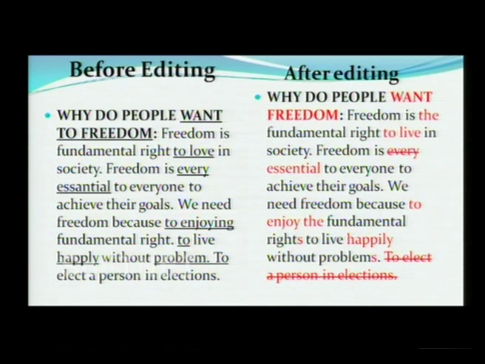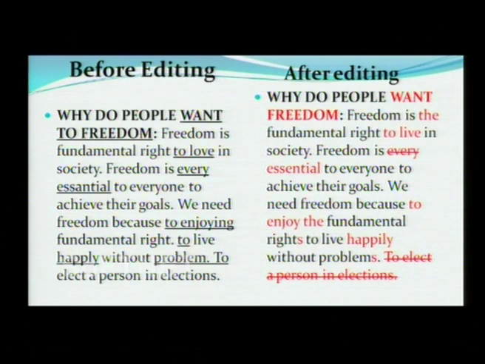See here in the next slide, the third paragraph, we have taken it. Here, why do people want freedom? One excess word is there, that is "to." There is no need to write "to," that's why we have deleted that. Why do people want freedom?